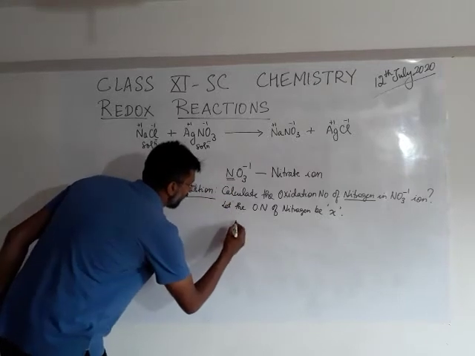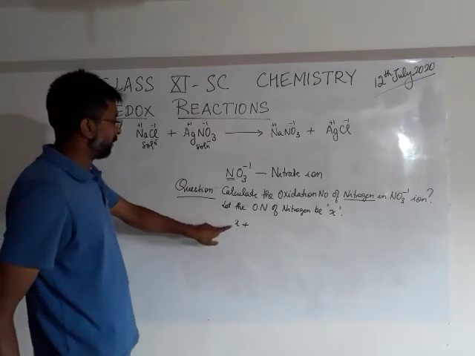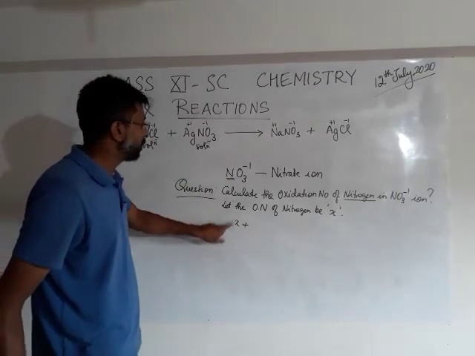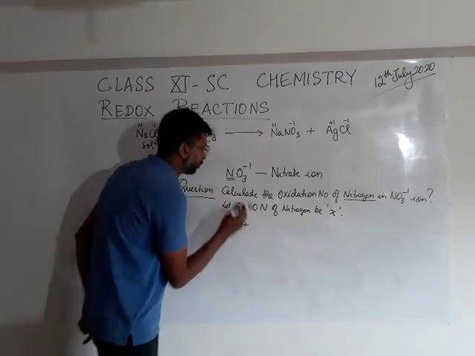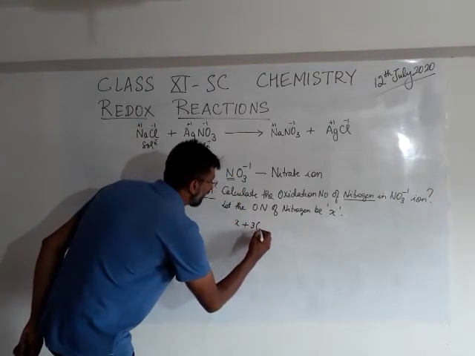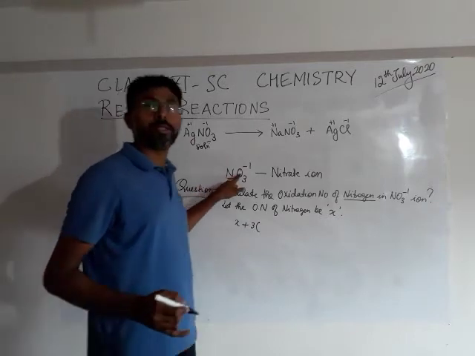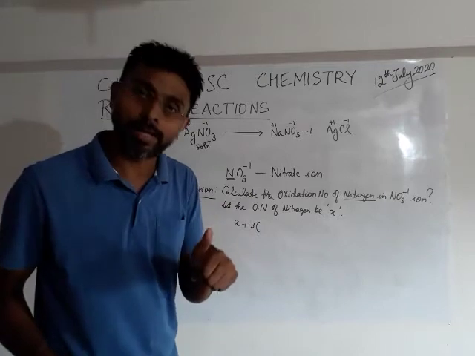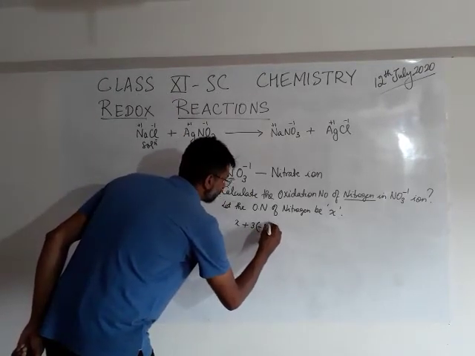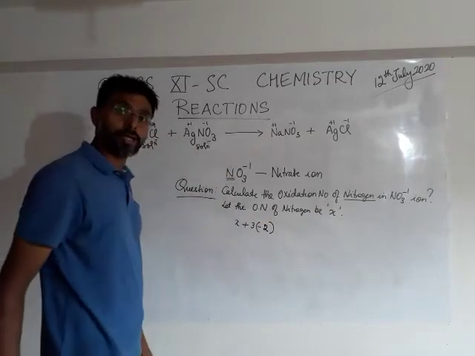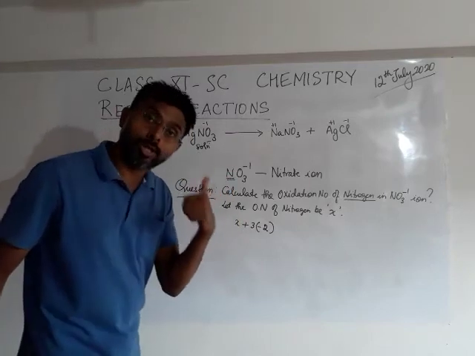Nitrogen, 1 atom, so I write down X into 1. X plus how many atoms of oxygen? There are 3, so I write down 3. Within brackets, we know the valency of oxygen is minus 2, so we write down within brackets minus 2. Close the bracket. Are you getting this? The valency of oxygen is minus 2, so that becomes the oxidation number of oxygen.